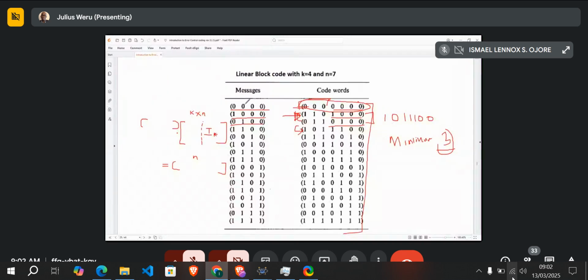Okay, I can do it with a simple case. Let me do it with a simple case of n equals 4. You have to compare this with this, compare this with this, compare this with this, then compare this with this, compare this with this, and then compare this with this.